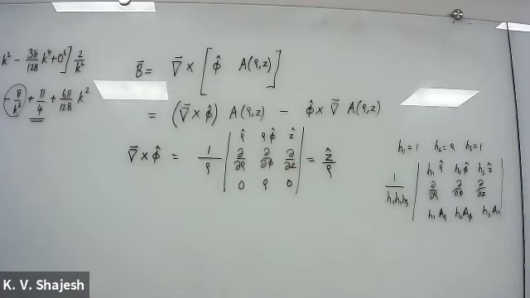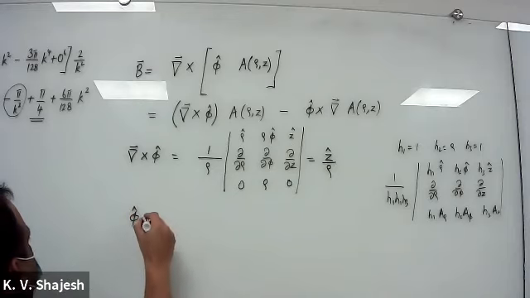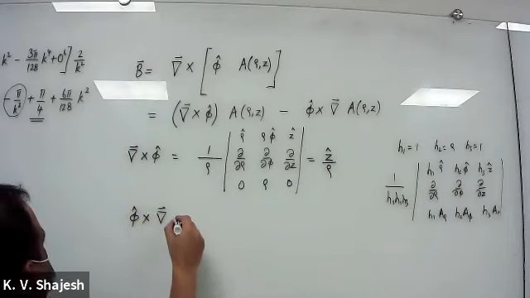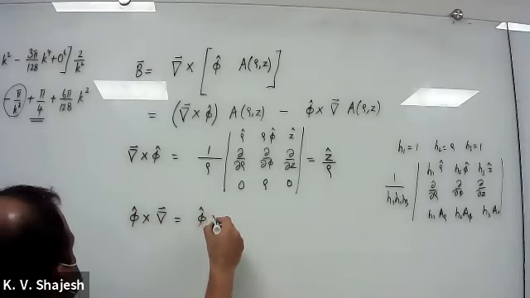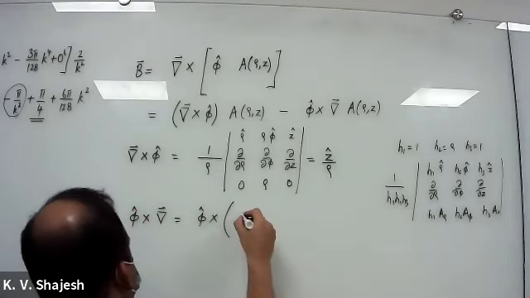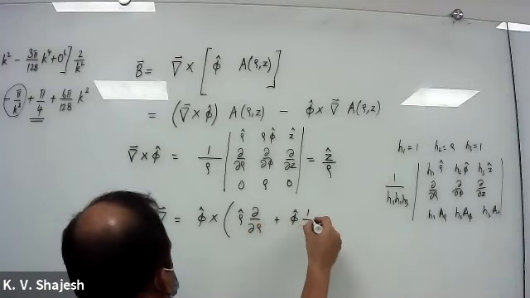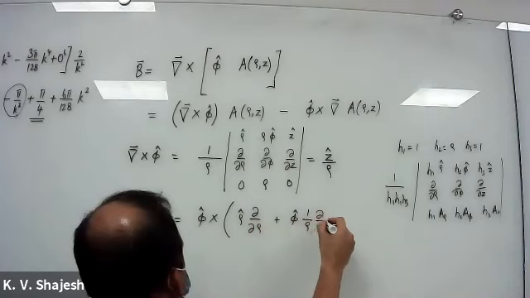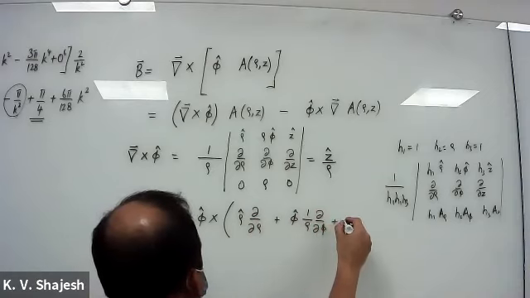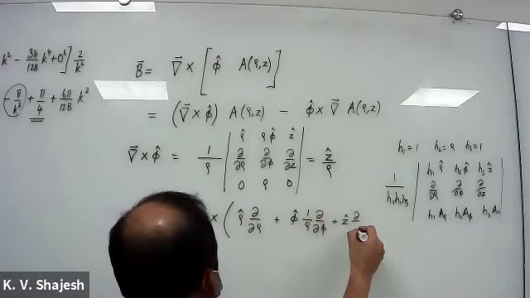Okay, so what about phi hat cross gradient? That is probably easier. Phi hat crossed with rho hat d by d rho, plus phi hat over rho d by d phi, plus z hat d by dz.